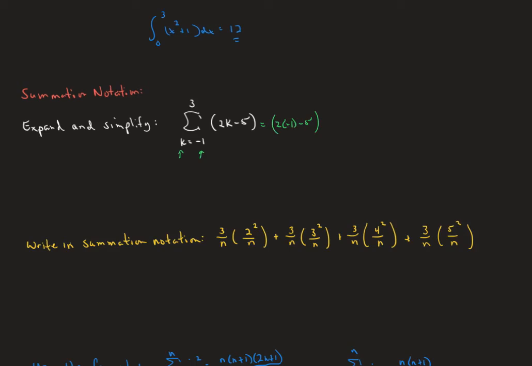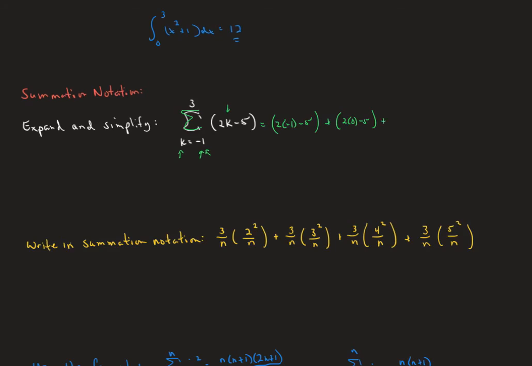I'm going to put it in parentheses just so you can see it. Then the summation part means we always go plus. And then we're going to bump this up 1. So the negative 1, we add 1 to it. That makes it now a 0. And so we're going to plug 0 in where we saw the k. So that's going to be 2 times 0 minus 5. There's our second term. Plus.